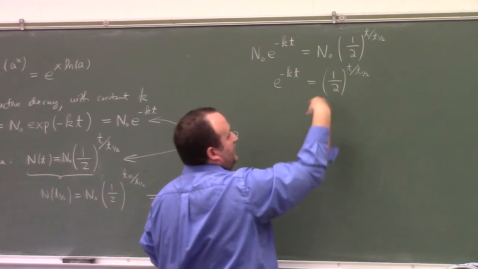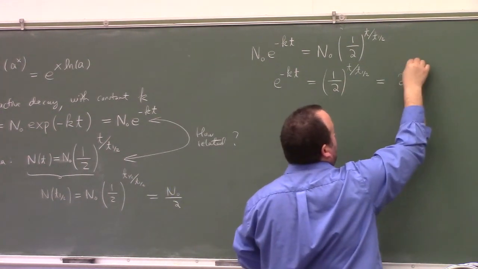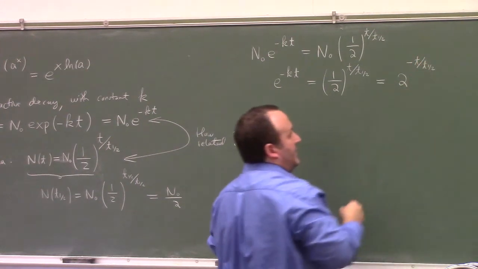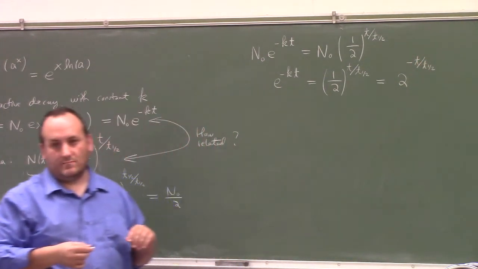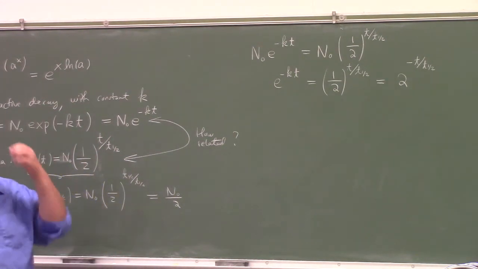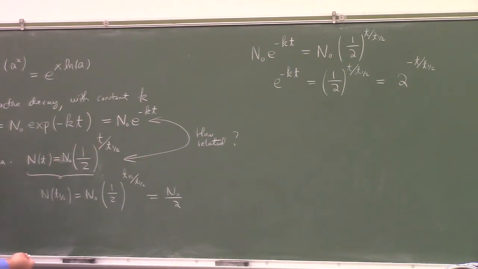I'm getting tired of writing 1/2. The first thing I'm going to do is rewrite that as 2 to the minus t over t 1/2. I can do that, since 1/2 is 2 to the minus 1, a property of exponentials. And then I suggest we use that trick I just introduced over here with a equal to 2.